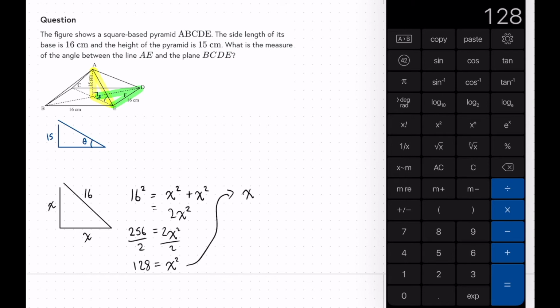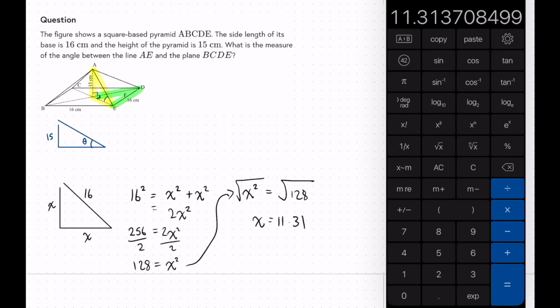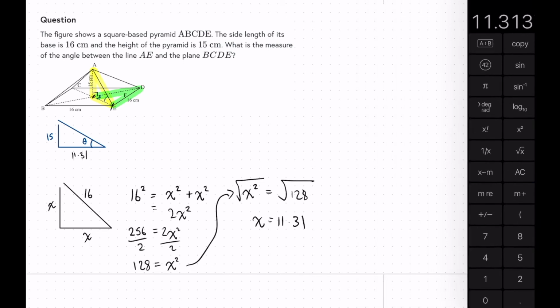If I square root both sides, x is equal to 11.31. Well, what does that mean? That means that I now have this distance here. So this distance is 11.31.